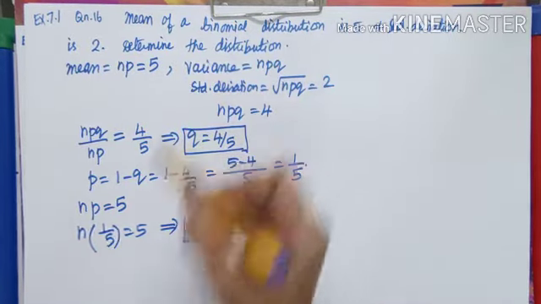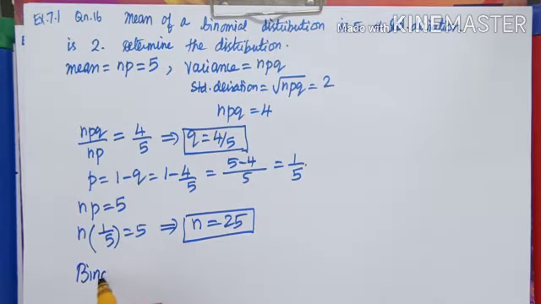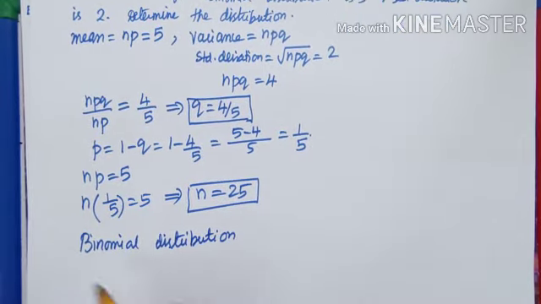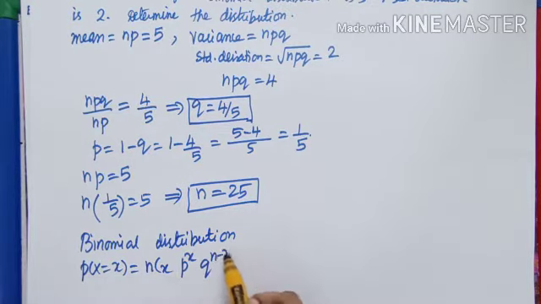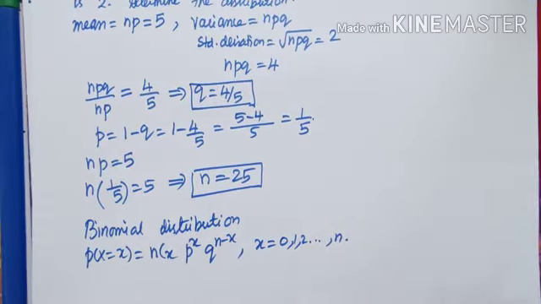We know the distribution. Binomial, the formula is P of X equals x equals nCx, p power x, q power n minus x. x is from 0, 1 up to n. As I substitute nCx, n is 25.